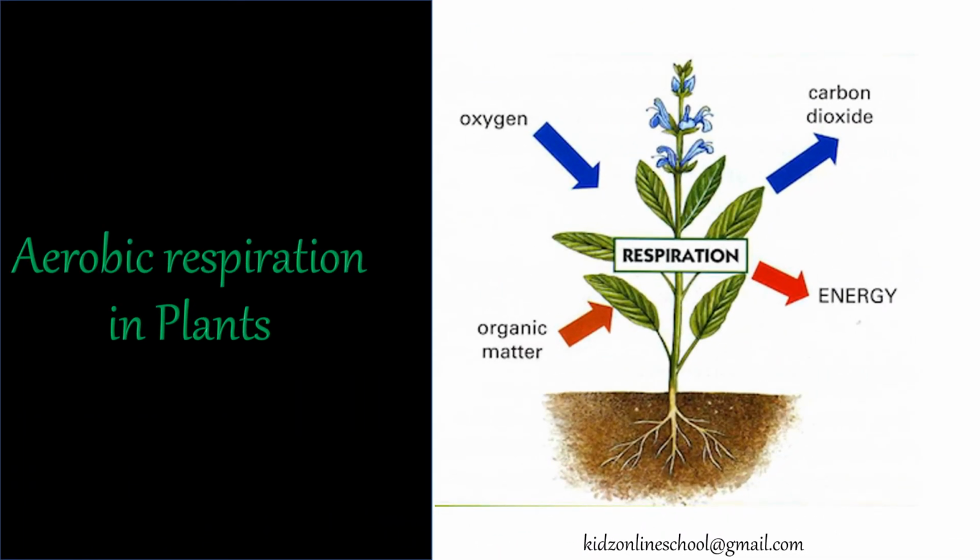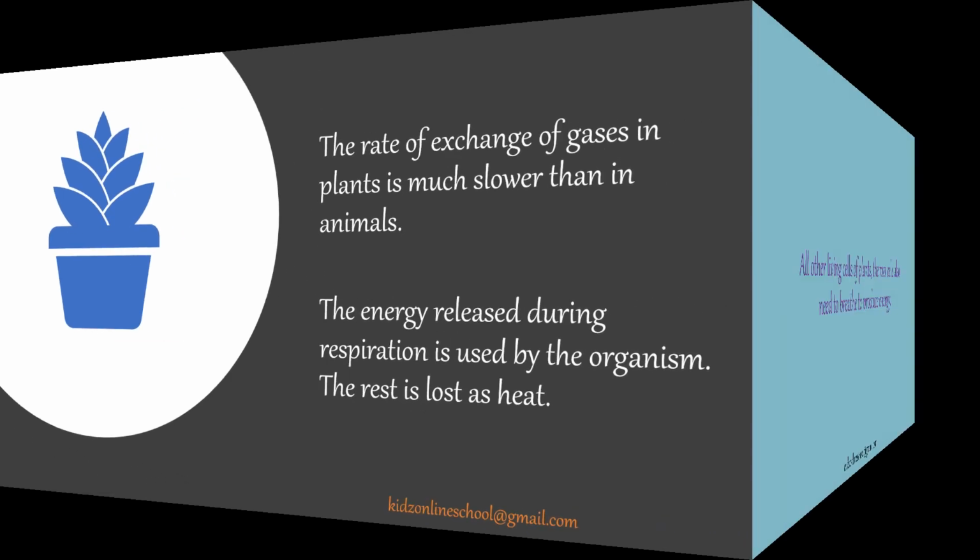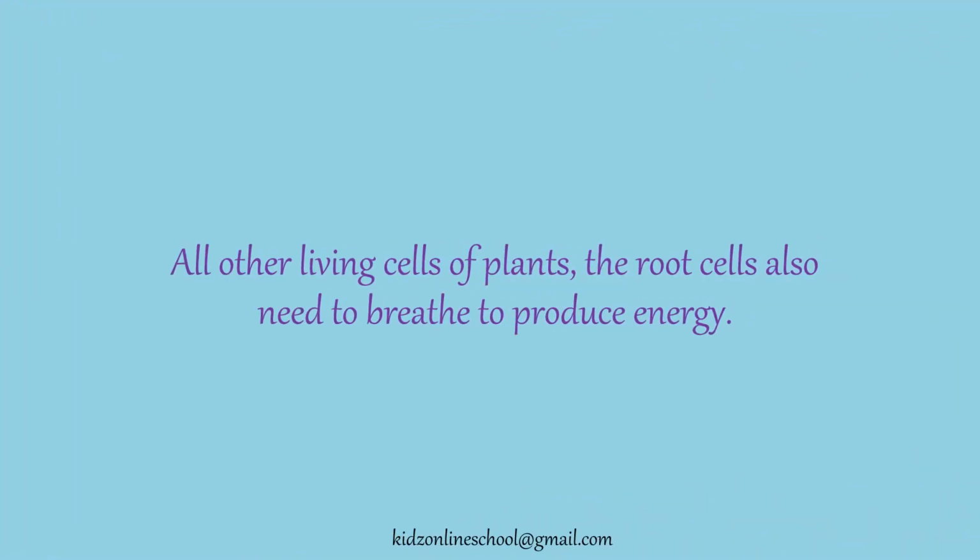Aerobic respiration in plants. The rate of exchange of gases in plants is much slower than in animals. The energy released during respiration is used by the organisms, the rest is lost as heat. All other living cells of plants, like the roots, also need to breathe to produce energy.